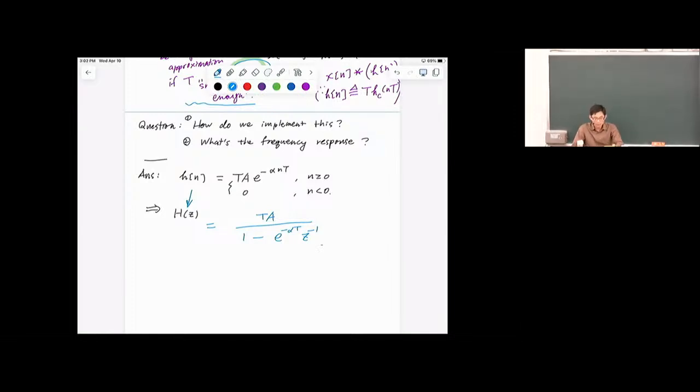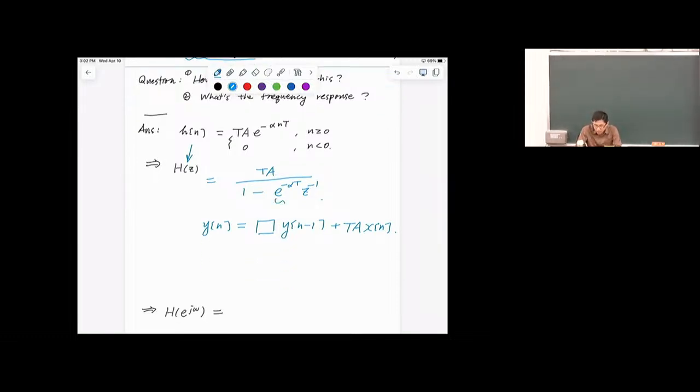The difference equation should go this way: y of n should be equal to some factor times the previous sample y of n minus 1, plus T_a times x of n. Turn the h of z into a difference equation, and then you can check that it is good.